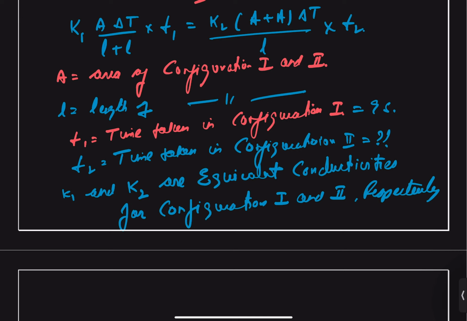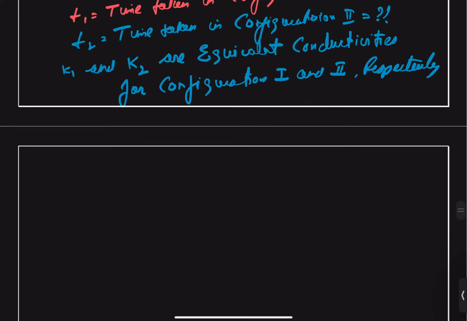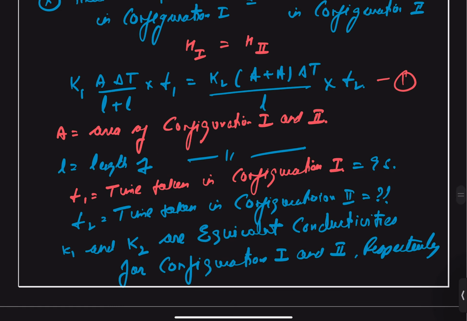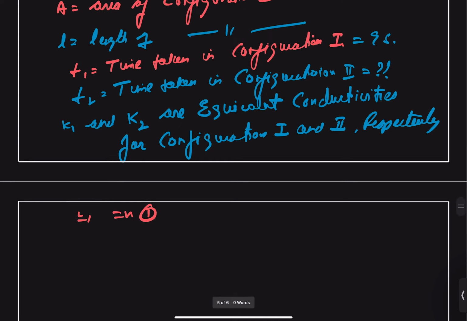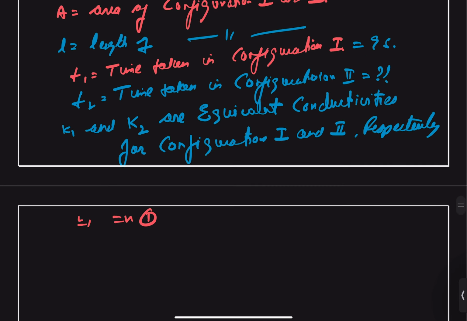So we can just manipulate this, let us call this equation number 1. From equation 1, we can write T2 as follows. We have K1, area A, and delta T divided by 2L.